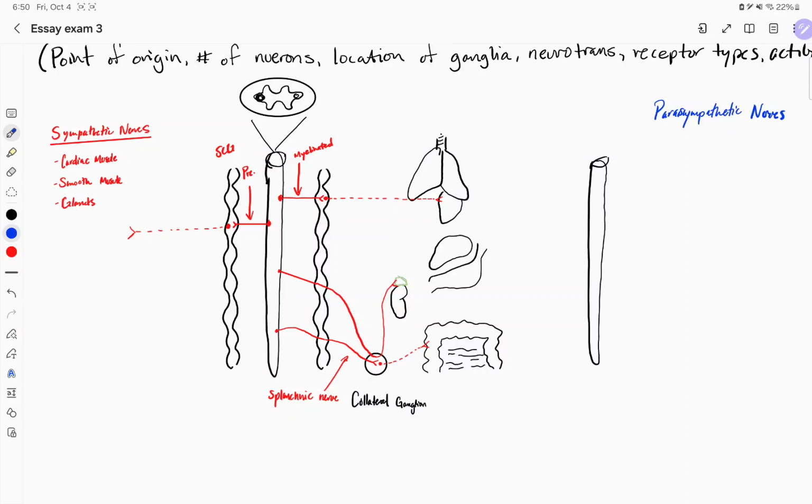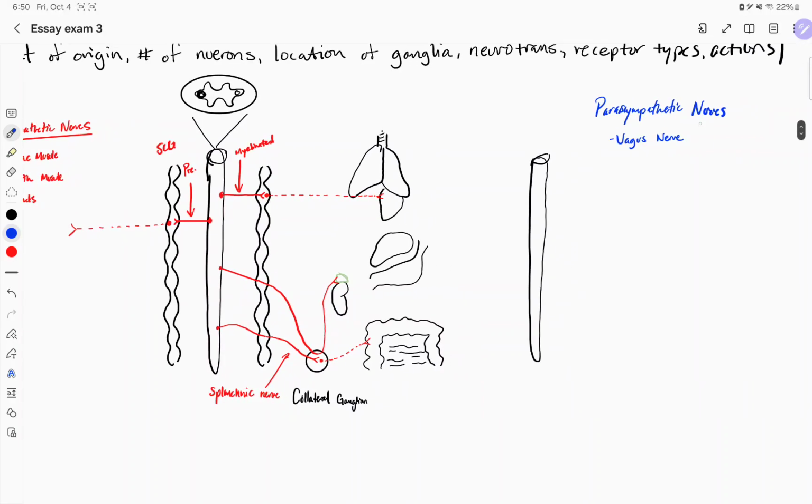And we want to give specific attention to what we call the vagus nerve, cranial nerve 10.